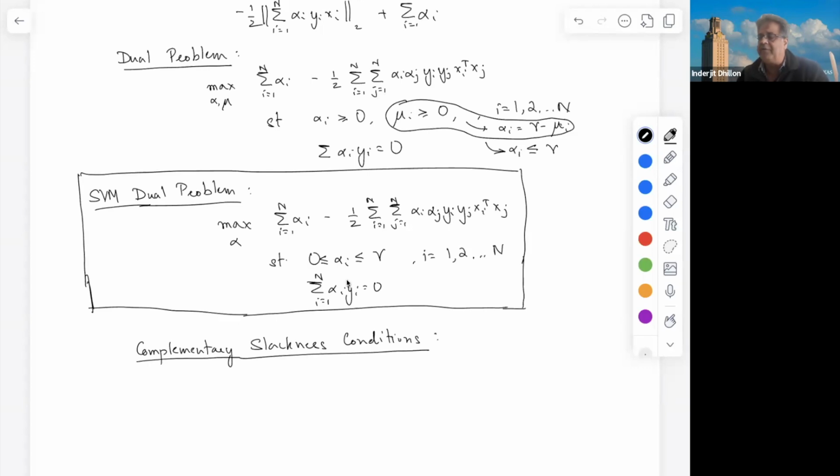So the complementary slackness conditions, remember, talk about both the dual variables and the corresponding constraints, which says that for each i, alpha i times f_i(w), where f_i(w) is less than or equal to 0, must be equal to 0 at the optimal.